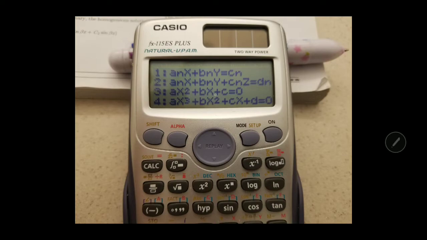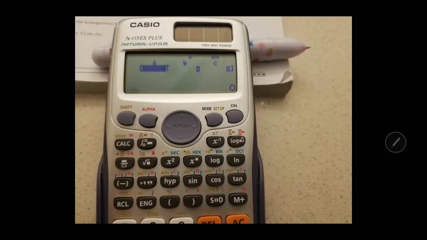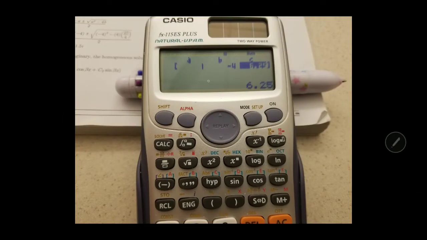Once you click 3, it's going to take you to these numbers to fill in the a value, the b value, and the c value. In our problem, the a value was 1, the coefficient for a is 1, the b value was -4, and the c value was 25 over 4.